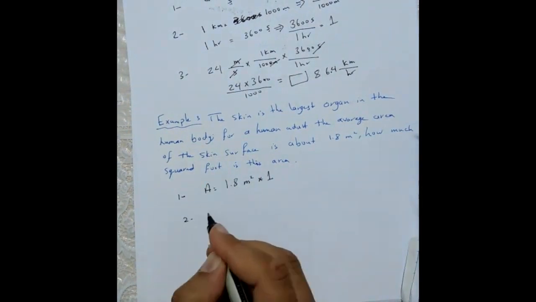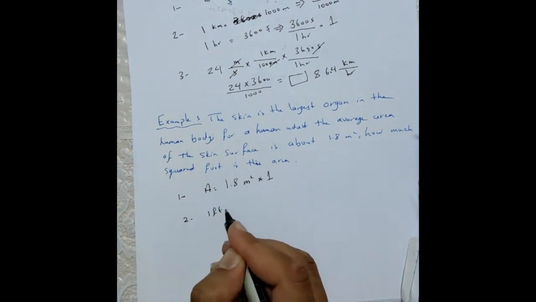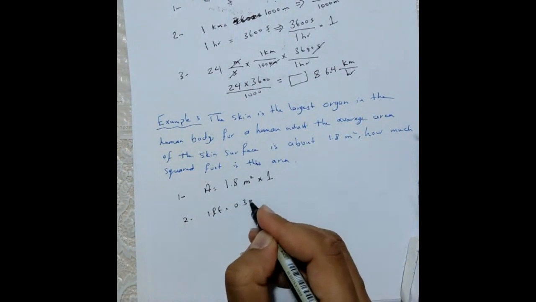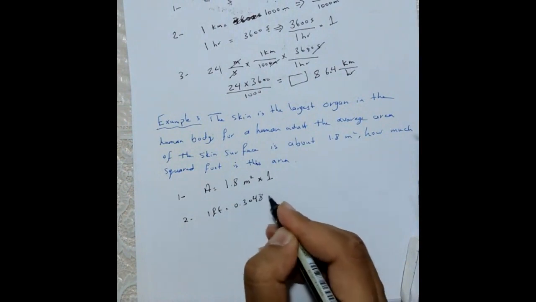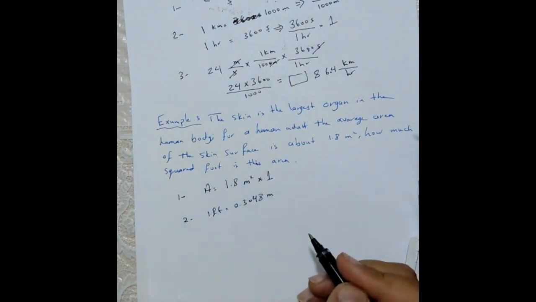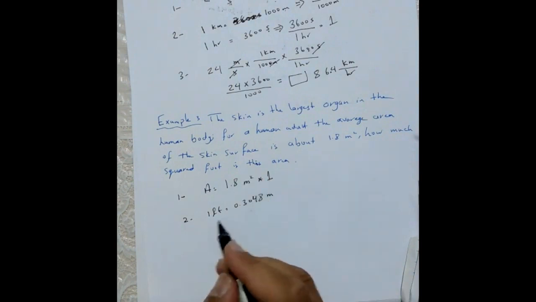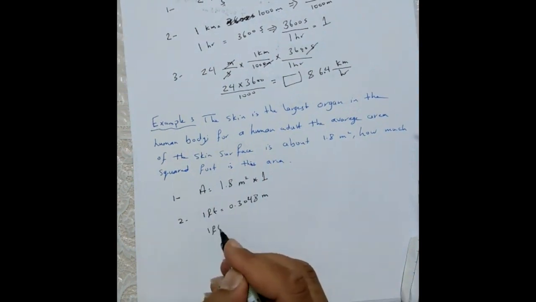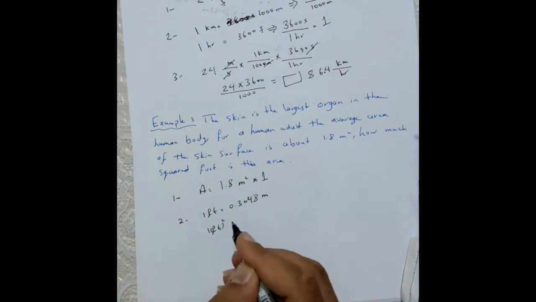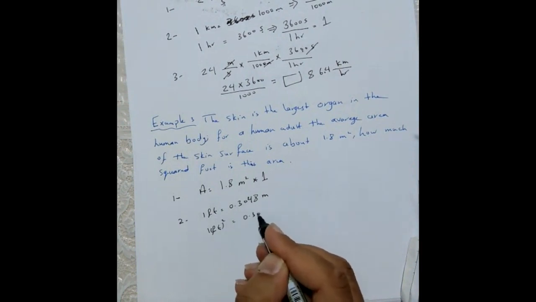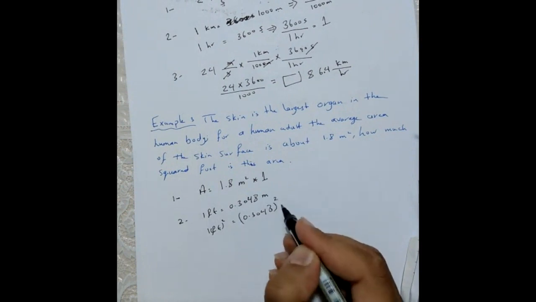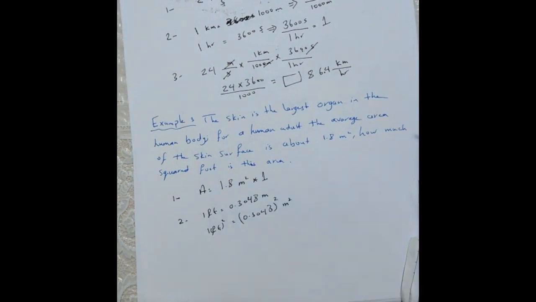The second step, I know 1 foot, as I said, I will give you this one, equals 0.3048 meter. Okay, and I don't want 1 foot, I want 1 foot square. So 1 foot square will be equal to 0.3048 meter square.